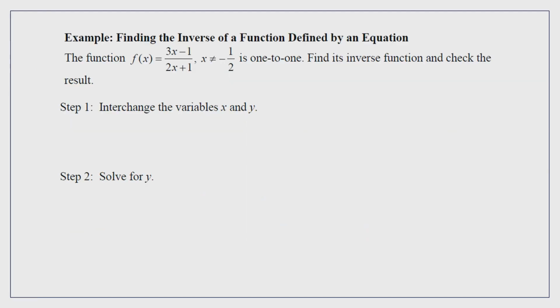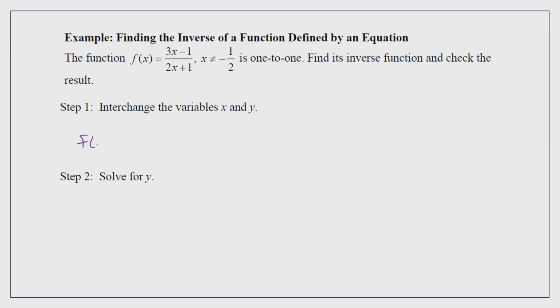Okay. So for this example, we are asked to find the inverse of a function defined by an equation. So the function f of x equals 3x minus 1 divided by 2x plus 1, where x does not equal negative 1/2, is 1-to-1. We need to find its inverse function and then check the result. So step 1 tells us to interchange the variables x and y.